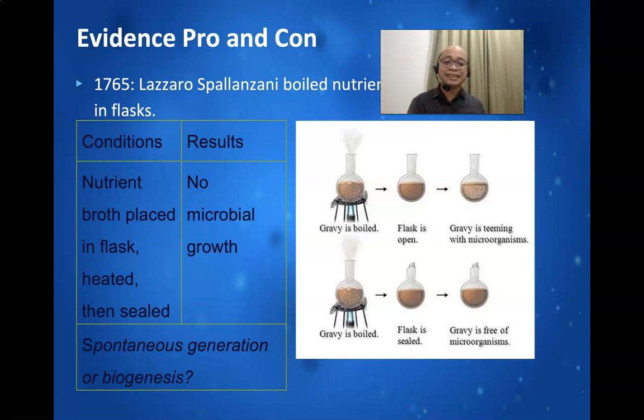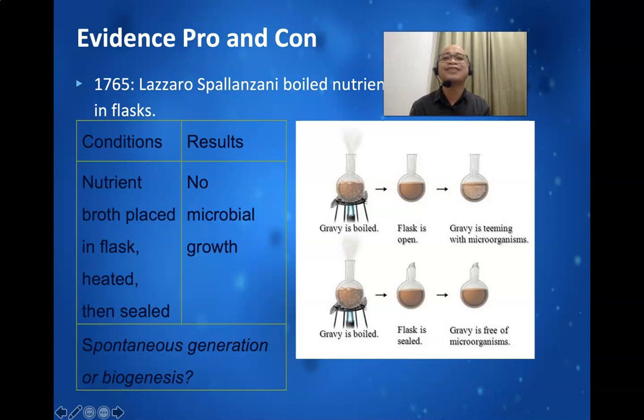On the sealed flask, since he boiled the flask and used the same flask, no organism occurred, as you can see in the illustration. But scientists who believed in the spontaneous generation theory didn't stop. They said, since you used heat, the heat destroyed the so-called vital element of life, the vital force.